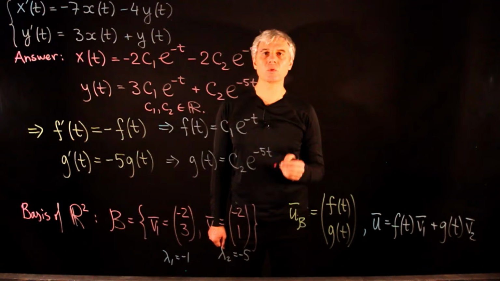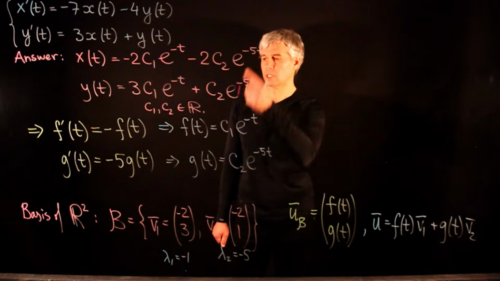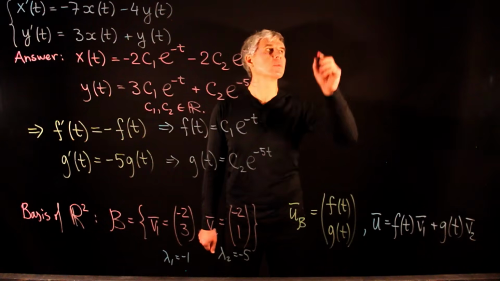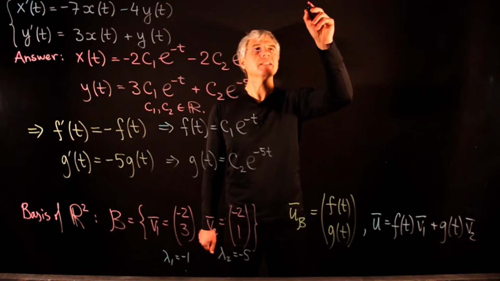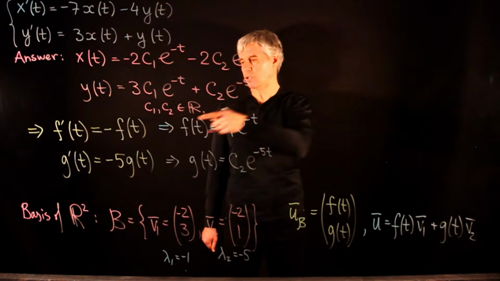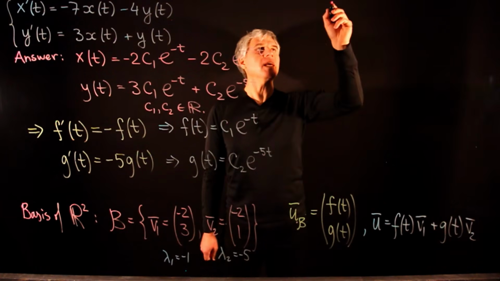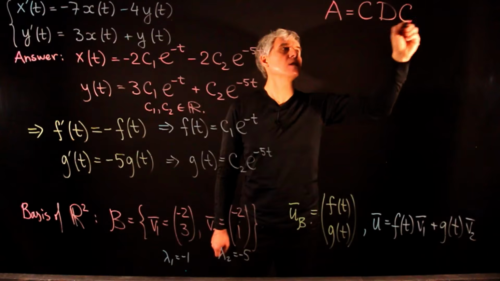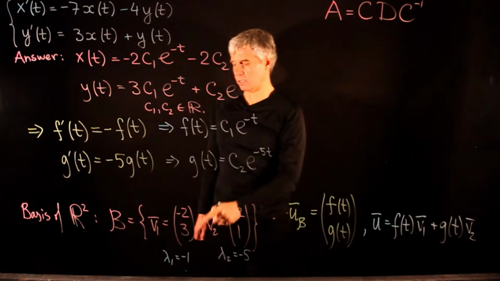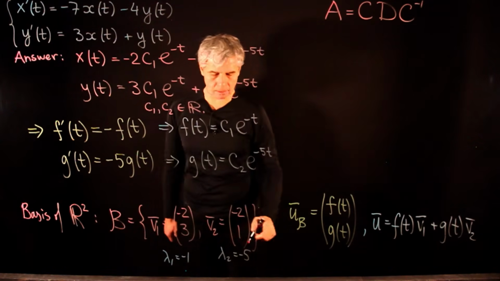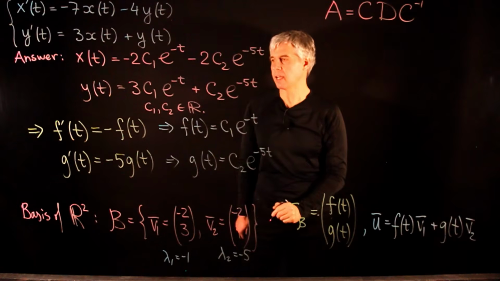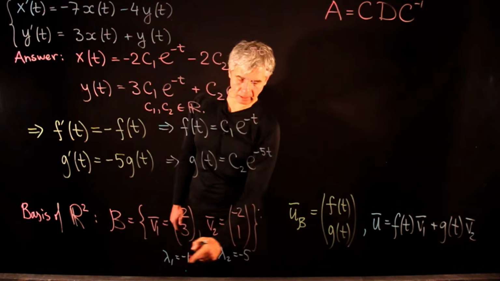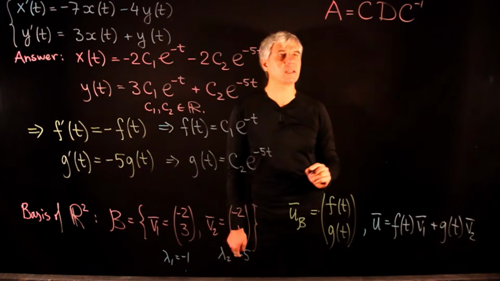Let us present two alternative approaches to this solution that are based on matrix diagonalization. So suppose we diagonalize the matrix A, which is essentially what we're doing here. We write A as C times D times C inverse, where C is the change of basis matrix that's associated with this basis, and D is the diagonal matrix that has these eigenvalues on the diagonal.